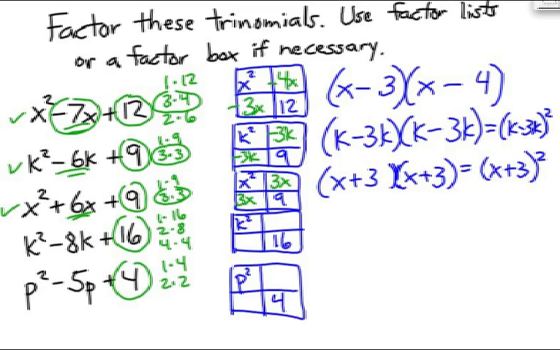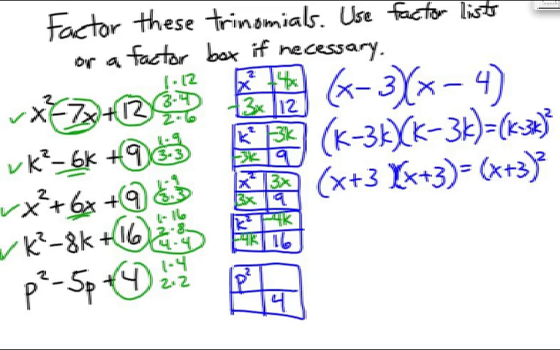Next problem, k squared minus 8k plus 16. 16 is my third term. Write a factor list for that: 1 times 16, 2 times 8, 4 times 4. Which one would give me 8? Yes, the 4 and the 4. If I have a negative 4k and another negative 4k as my two middle terms that I would have to combine together.